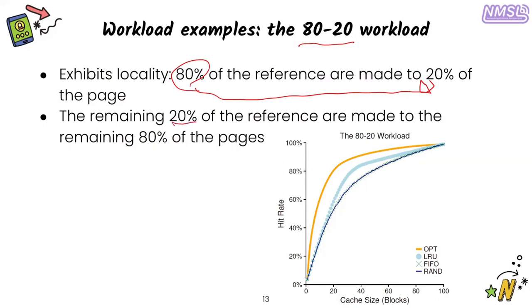For the remaining 20%, the references are made to the remaining 80% of the pages. As you can see, optimal is obviously the best, but now LRU rises with a much better performance than FIFO or random that do not use any historical data.